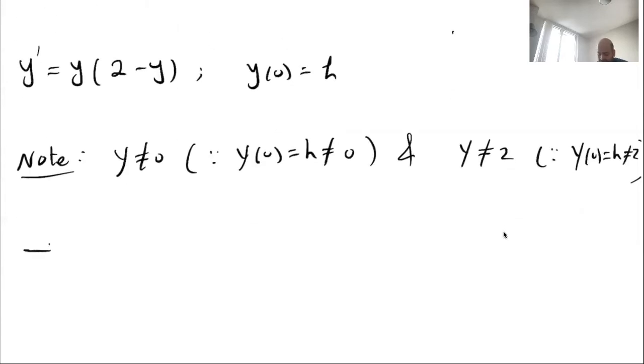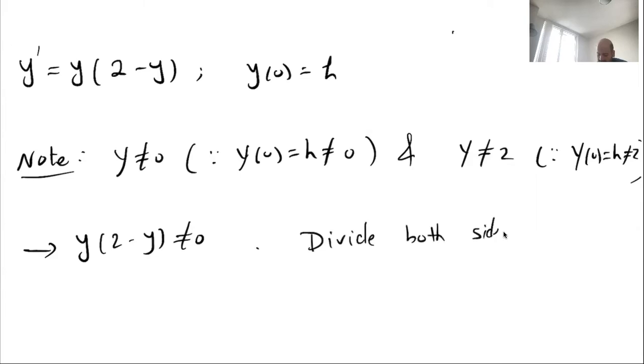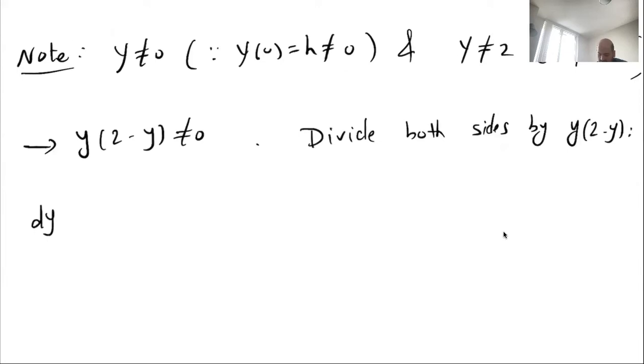That means y times (2 minus y) will be non-zero. And therefore, we can divide both sides by y times (2 minus y). Then I'll have dy/dx equals y times (2 minus y).